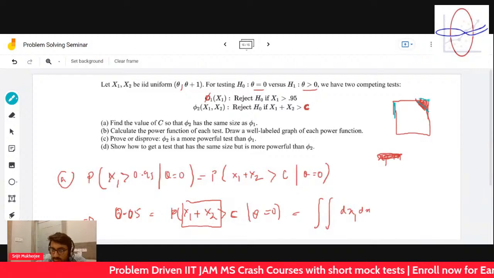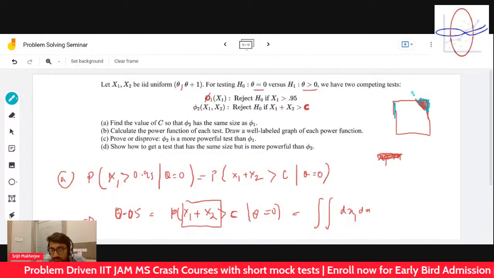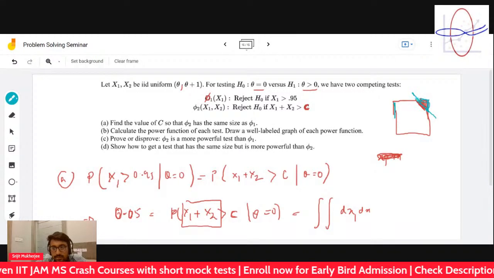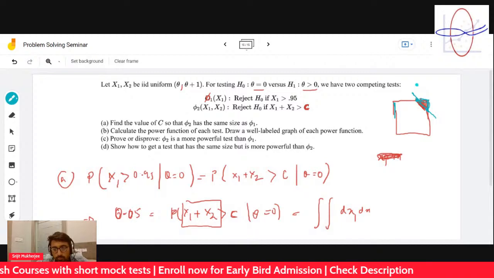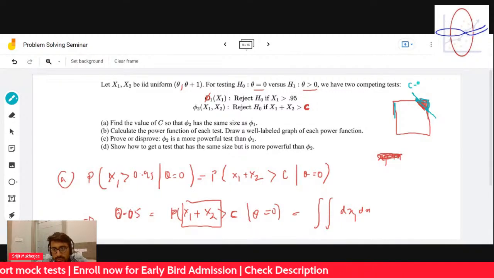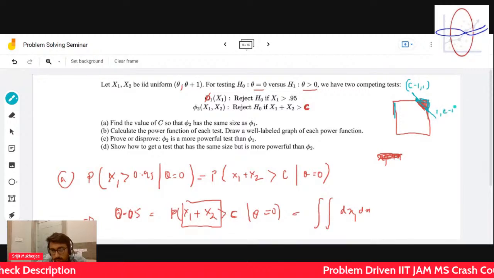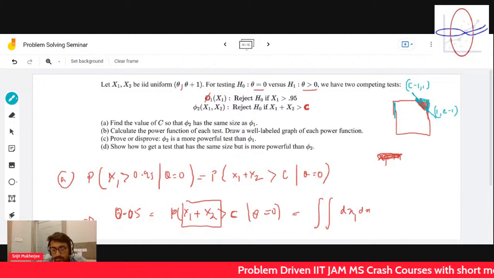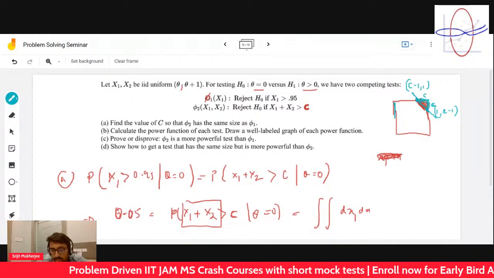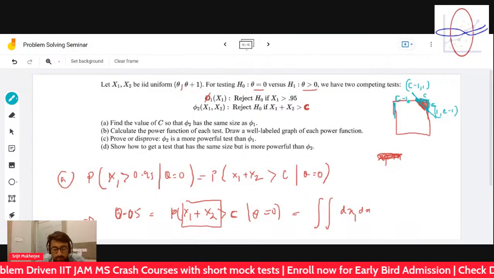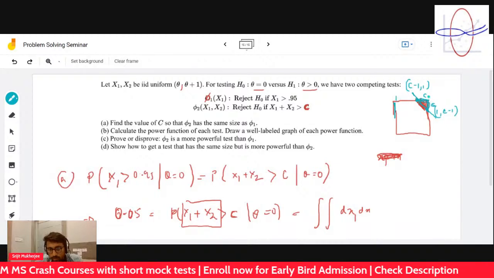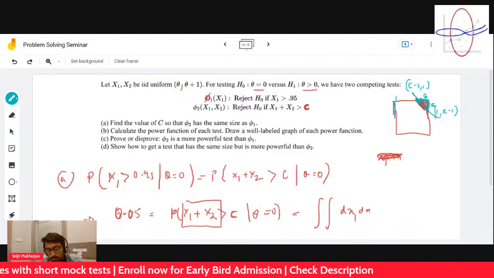So c is like this. If this is c, then this point is c minus 1 comma 1, because the sum must be c, and this point is 1 comma c minus 1.